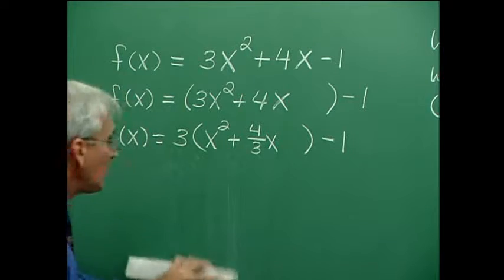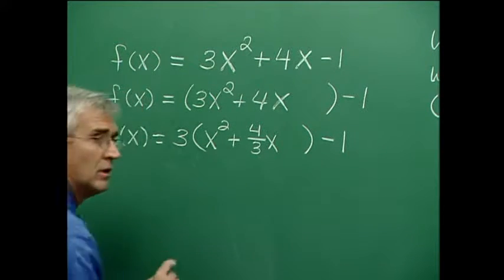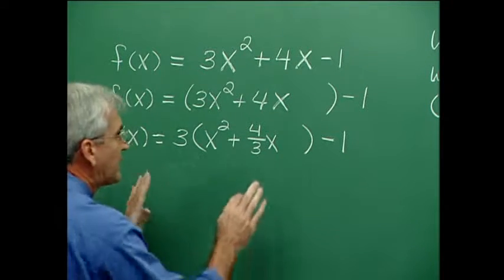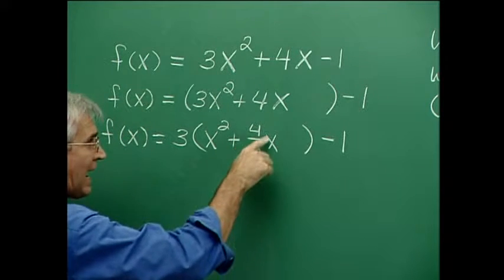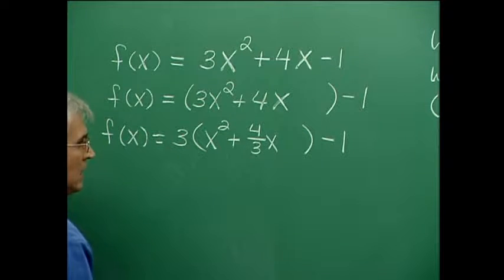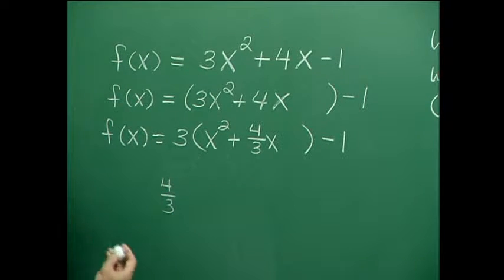Now, once we've identified that number, the fun isn't altogether over, is it? Because after all, we have to complete the square. Now, to do that, we take half of this and square and put it right here. We're taking 4/3 and we take half of it.